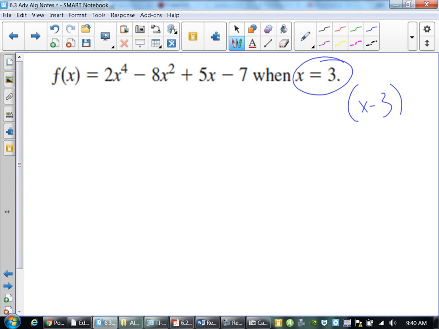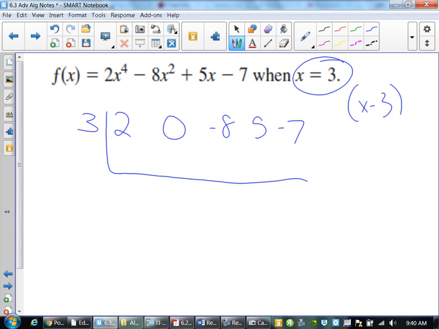Okay? Snap. Is this in descending order? No. It is. What's it missing though? You're missing a cube. So when I pull my coefficients out, I'm going to have a 2, 0, negative 8, 5, and negative 7. Have to have placeholders, otherwise it's not going to work. What do you do with that first value?